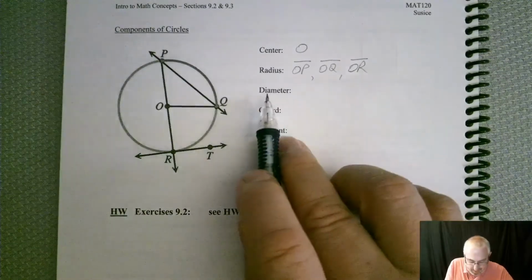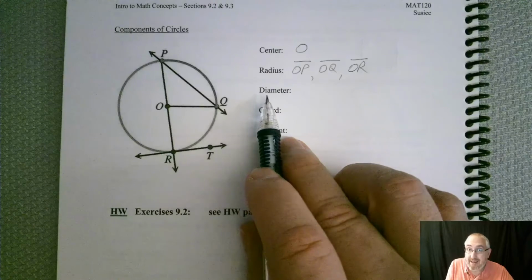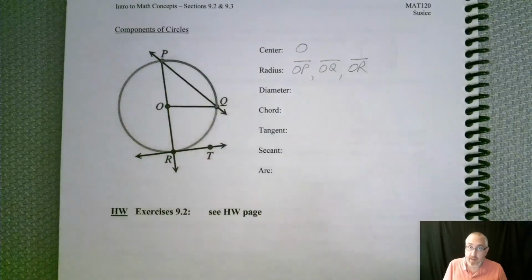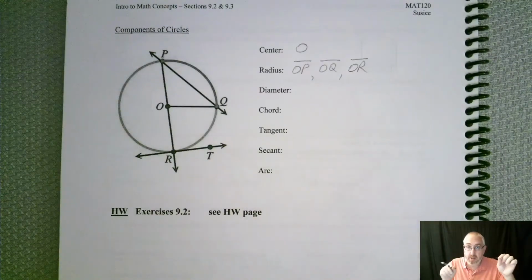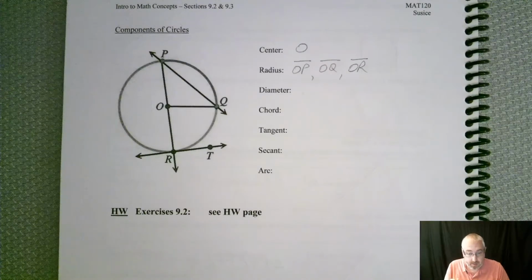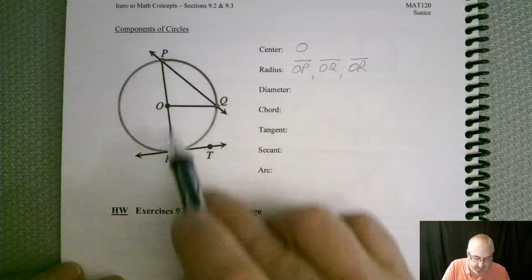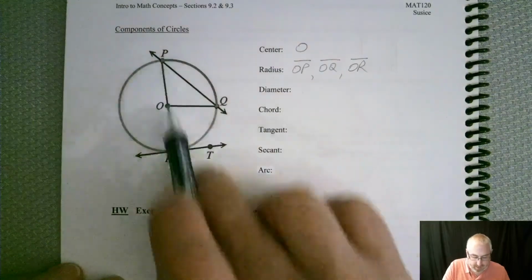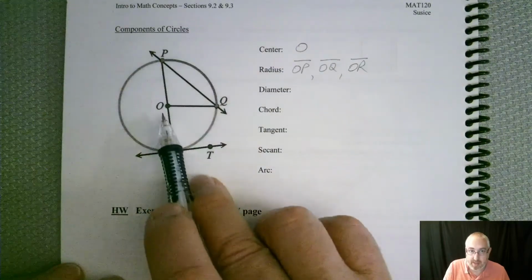Okay. Now, a diameter, by definition, is a line segment that has its endpoints on the circle, and it passes through the center of the circle. And there's only one. You can see here that PR is going to be a diameter. It passes through the center.